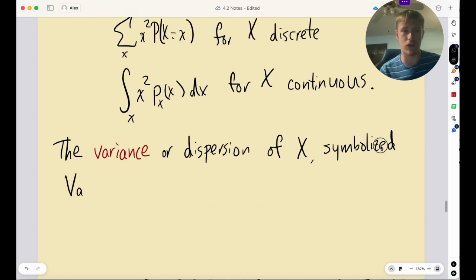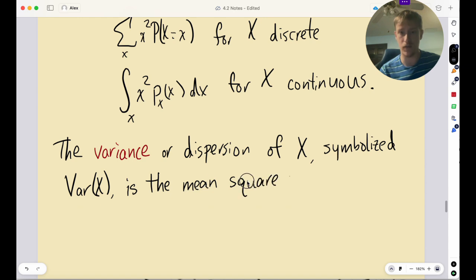I'm going to choose to do var of x. And that is the mean square value of the quantity x minus the mean of x.